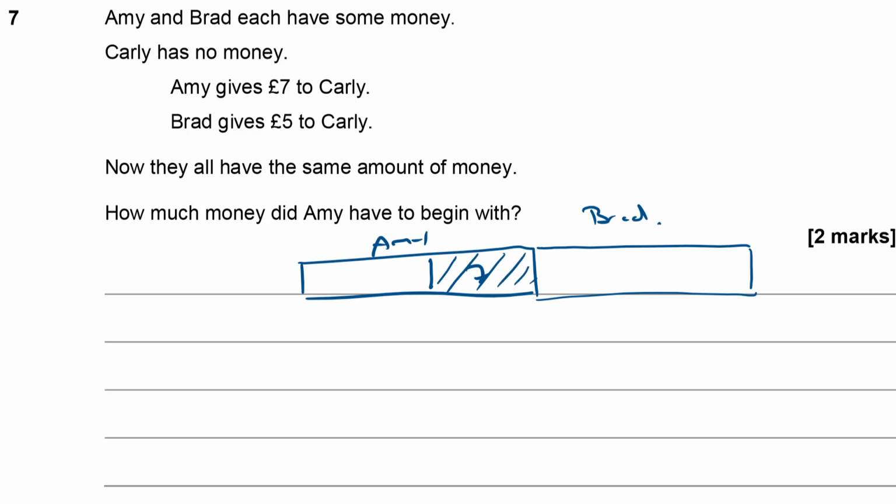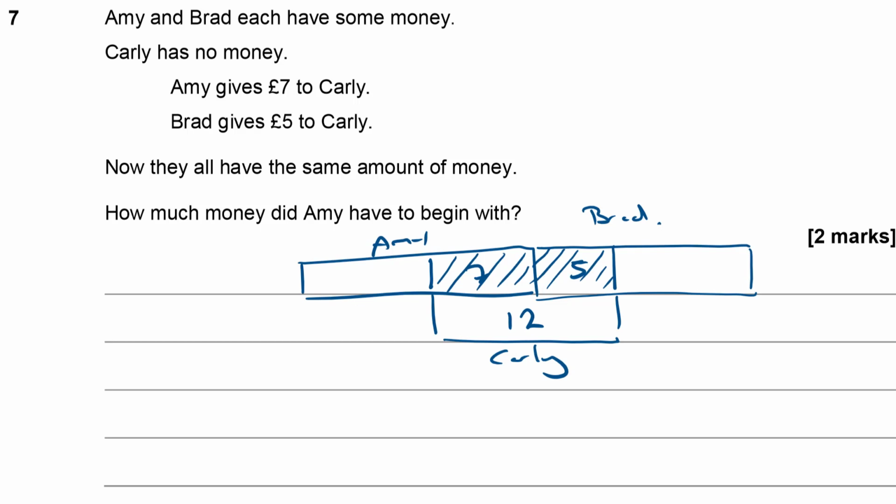And I'm going to take some of Brad's money, which was £5, and give that to Carly. So Carly is going to get £7 from Amy and £5 from Brad, making £12 altogether.